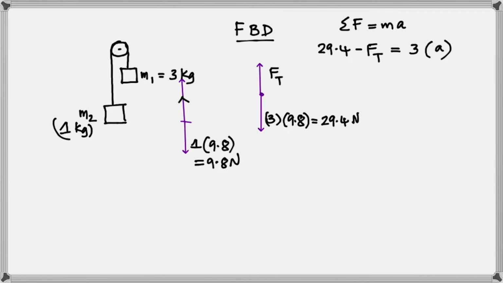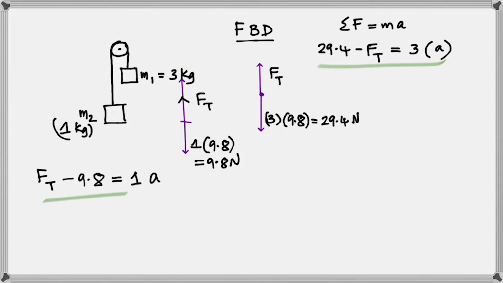And the tension is, of course, the same, Ft. But this time, because we know it's going up, we go Ft minus 9.8 is the net force, is equal to 1 times A.